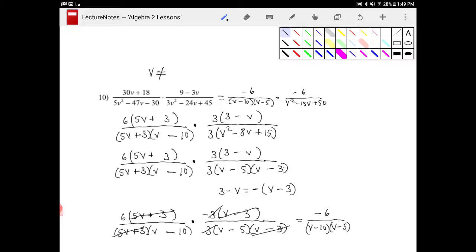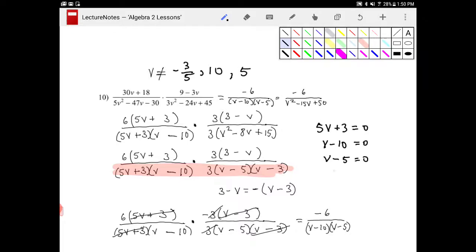So looking at the factored form on the left-hand side of the equation, I can see that v cannot equal -3/5, because 5v plus 3 equal to 0, if I isolate v, I'll end up with -3/5. v cannot equal 10 because v minus 10 is equal to 0, so it cannot equal 10. v minus 5 equal to 0, so therefore v cannot equal 5.